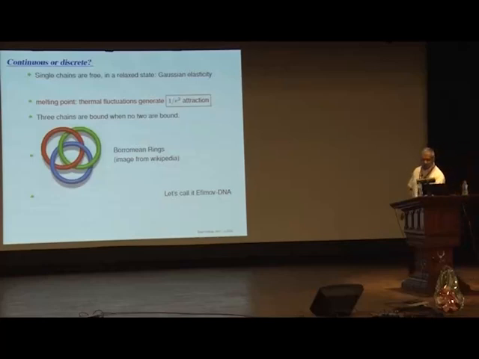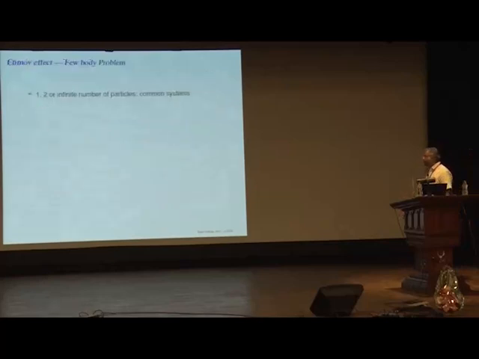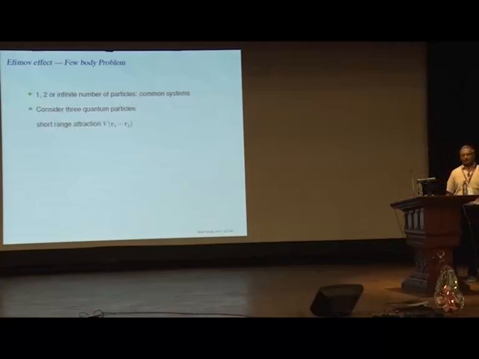We call it Efimov DNA because Efimov showed this problem in the nuclear physics context: 1 particle and 2 particle systems are trivial, all can be solved. An infinite number of particles is also a very common system. We work hard, but we have procedures to study them. But the 3 particle problem is extremely difficult.